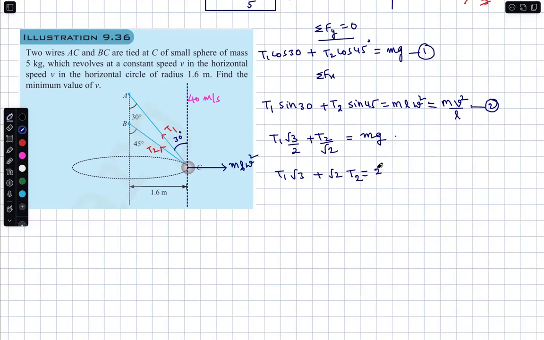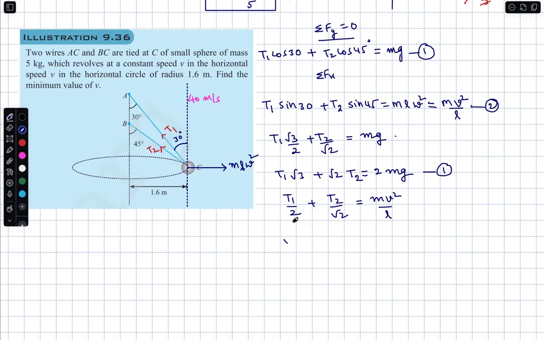Next, the other part, equation 2. Yeah, this is equation 1 with 2mg. Rewriting equation 2, multiply all the sides with 2 root 2, left to right.